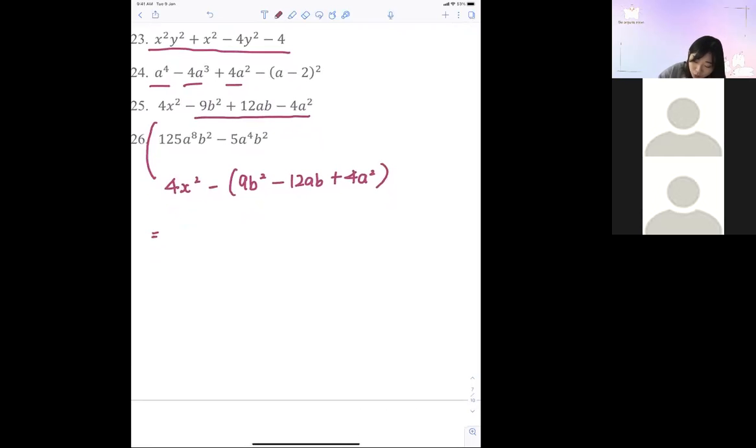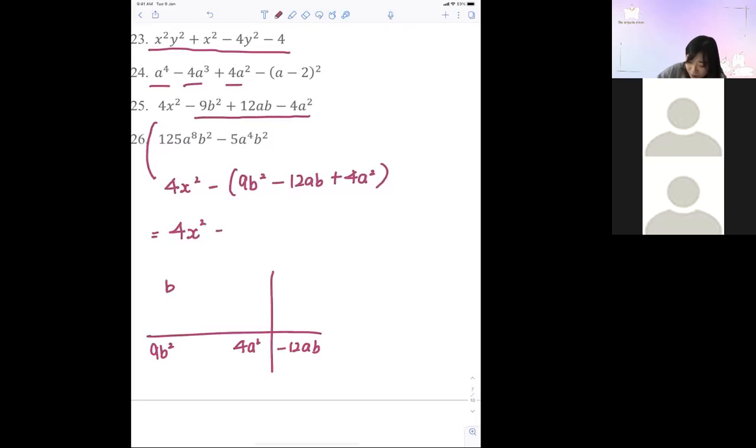Okay, so this one, we can draw our cross.